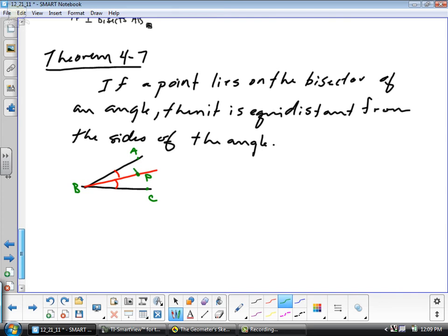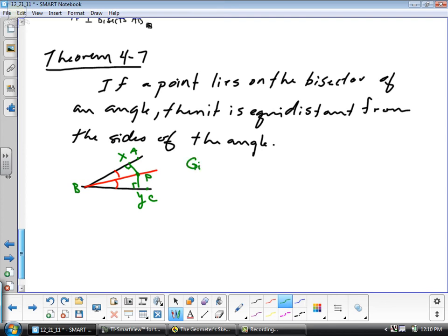So this distance right here, we'll call that point X, and this distance to the other side, we'll call that point Y. We want to prove that PX is congruent to PY.